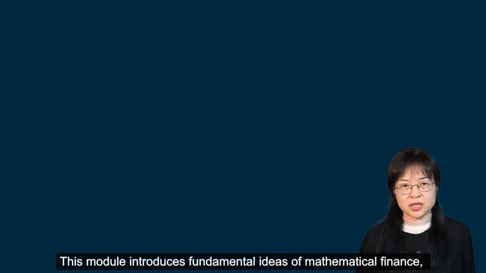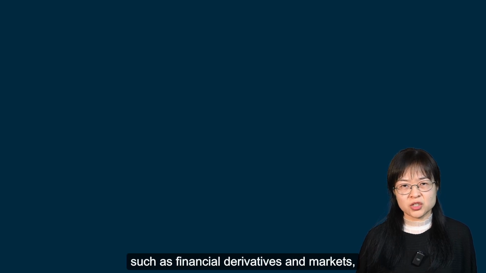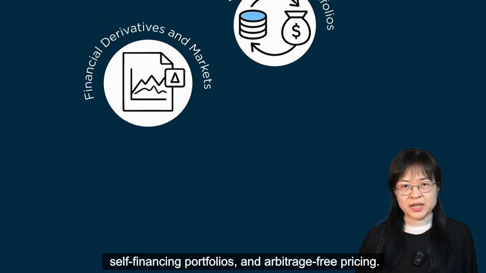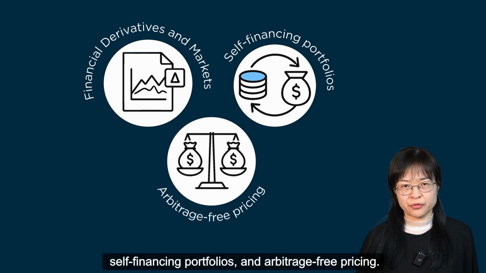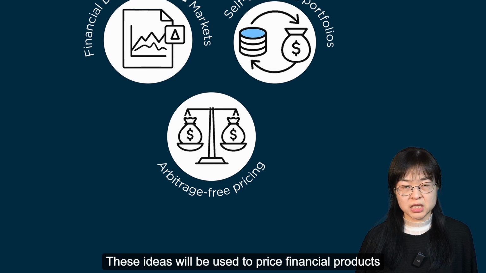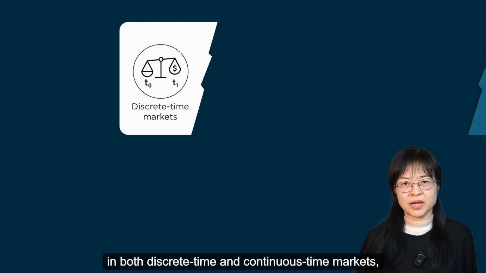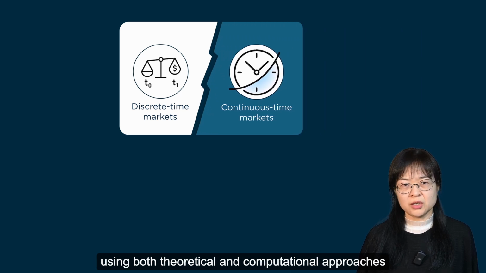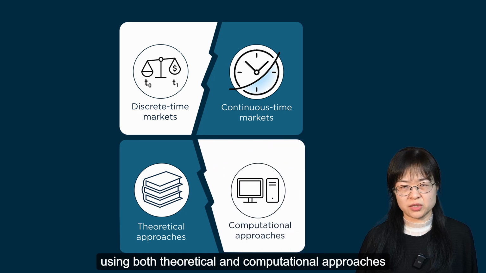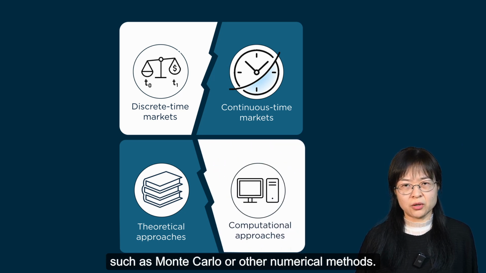This module introduces fundamental ideas of mathematical finance, such as financial derivatives and markets, self-financing portfolios, and arbitrage-free pricing. These ideas will be used to price financial products in both discrete time and continuous time markets, using both theoretical and computational approaches, such as Monte Carlo or other numerical methods.